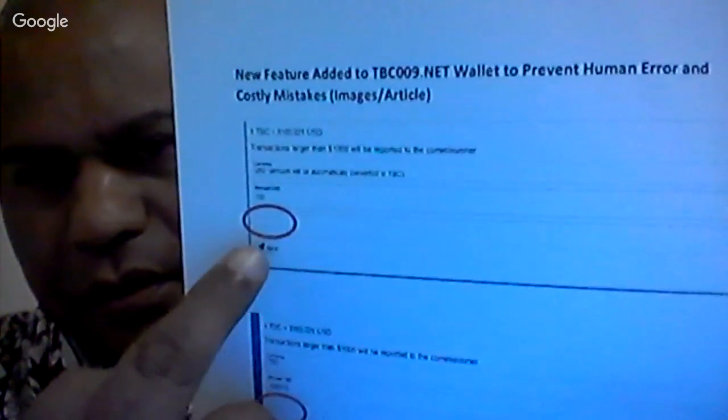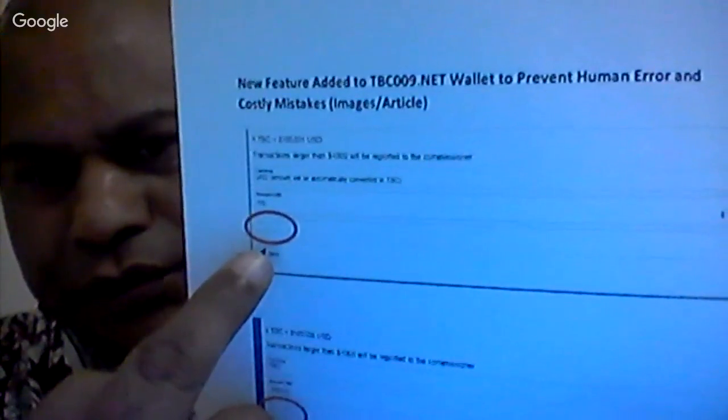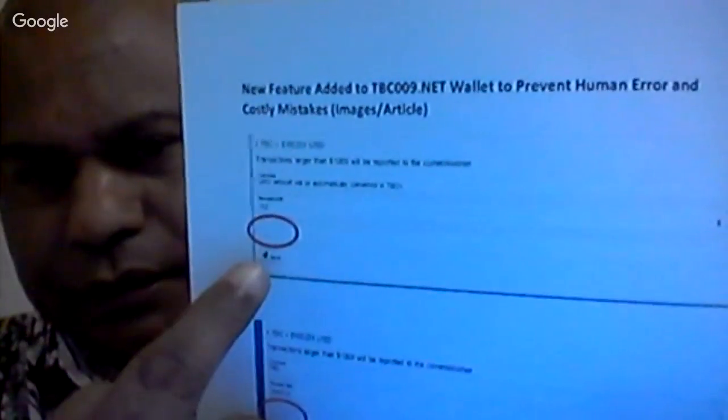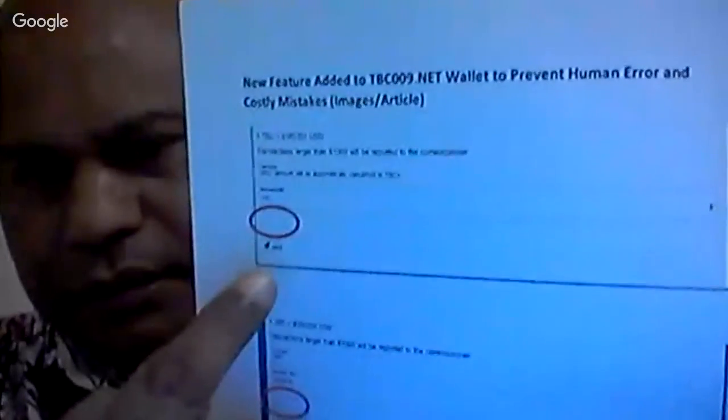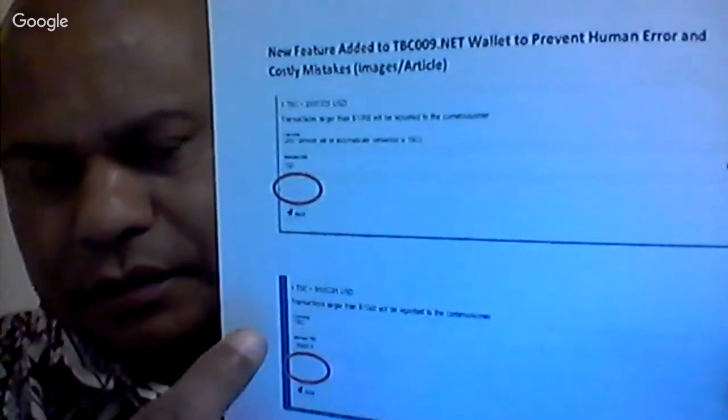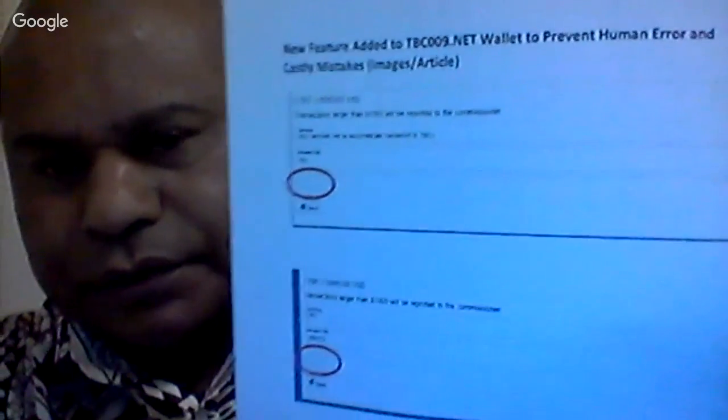This appears in our TBC 009.net e-wallet. So these are the two new features that were added onto our new TBC 009.net e-wallet.